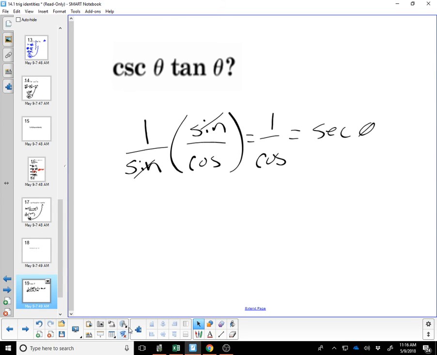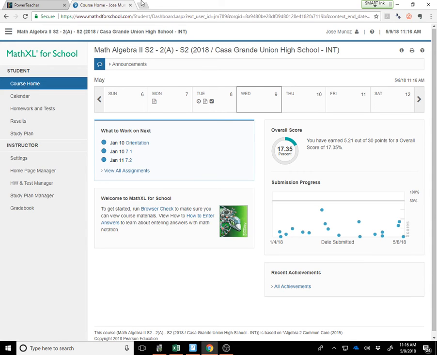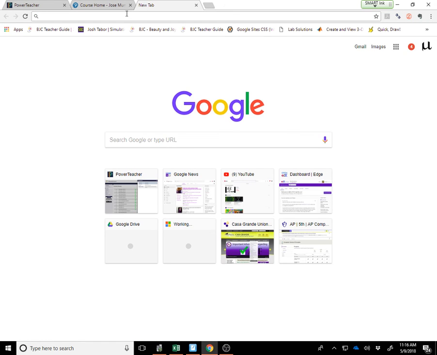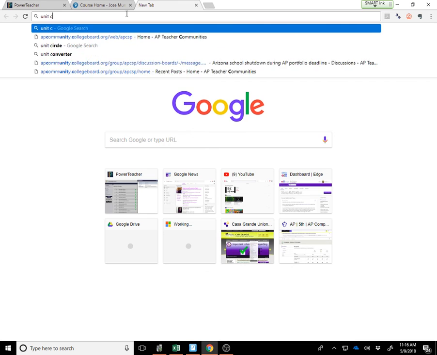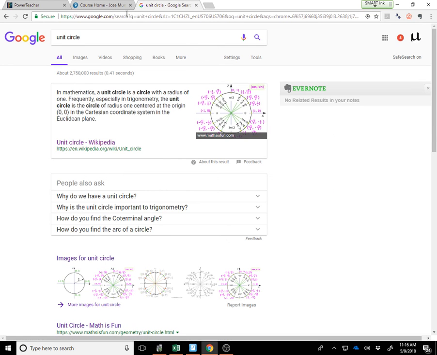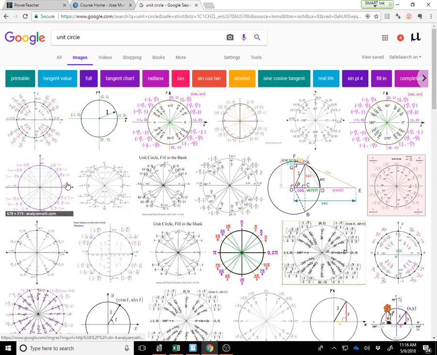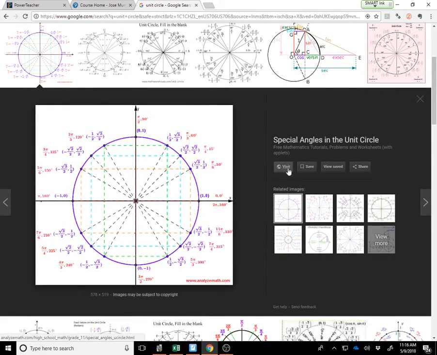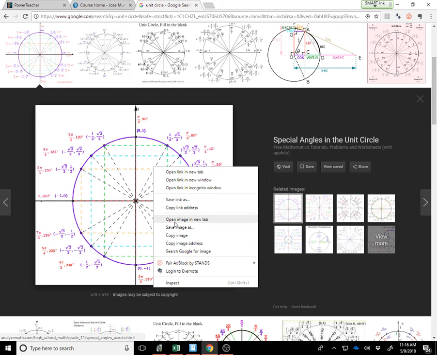Here, I'll show you what it is. If you go to the internet and search unit circle, here's going to be the problem. They're used to using this, and all the answers are being handed to them. And then when they take a test and they can't use this, guess what they're going to be crying for? They're going to be crying for this because they won't have it.